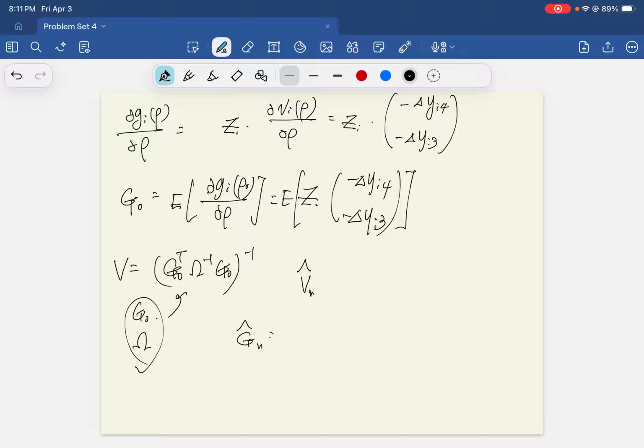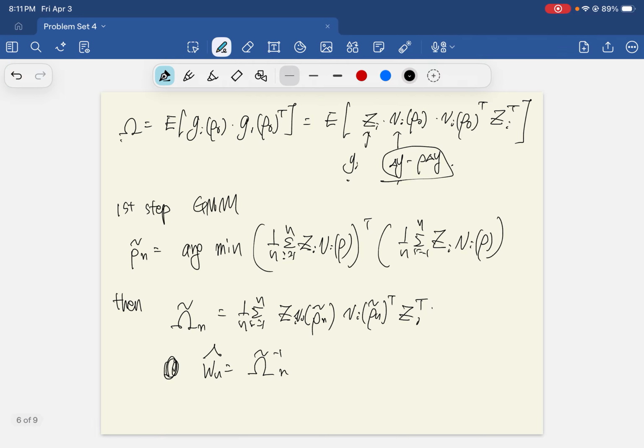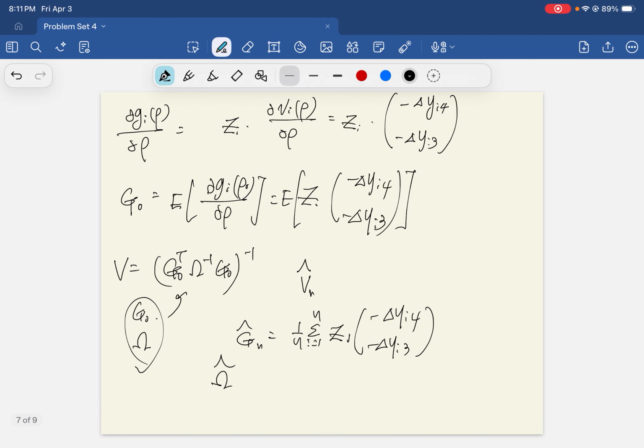G hat will be just the sample average of Z_i times minus delta y_i4 and minus delta y_i3. So this is your G hat. And omega hat will be similar, the same thing, but we are going to use the final estimate, with Z_i V_i V_i transpose Z_i transpose.